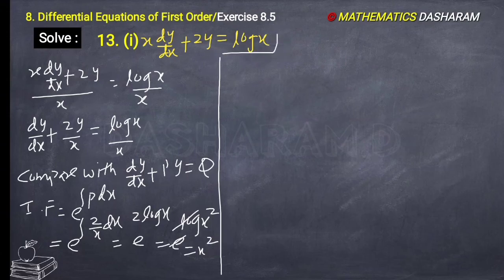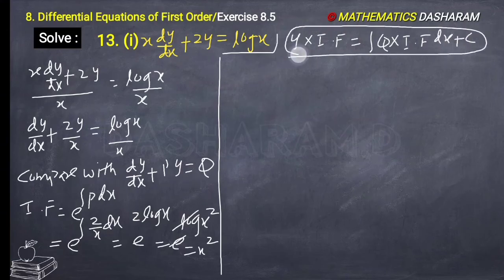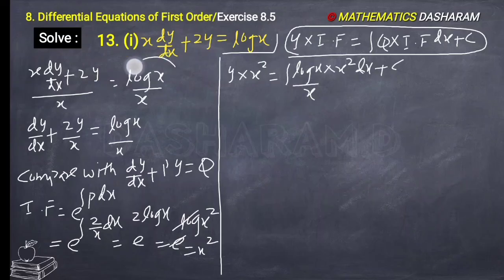So now the formula is y into integrating factor equals to integration of q into integrating factor dx plus c. So then y into integrating factor is x square, integration the q is log x by x into integrating factor x square dx plus c. Sorry, log x by x, this is the q value.